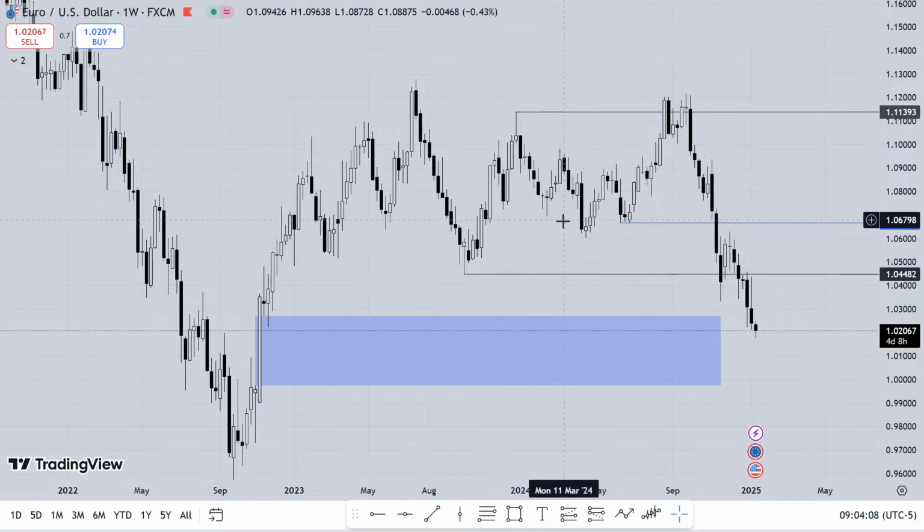Price generated multiple sell side liquidity pools, including this. So when price rallied higher here, it will take out traders, and when price has neutralized them, price will drop lower.